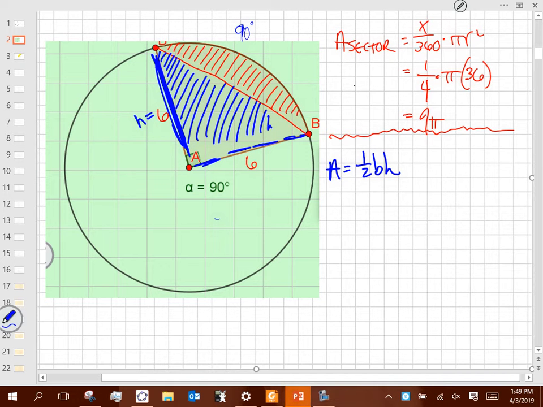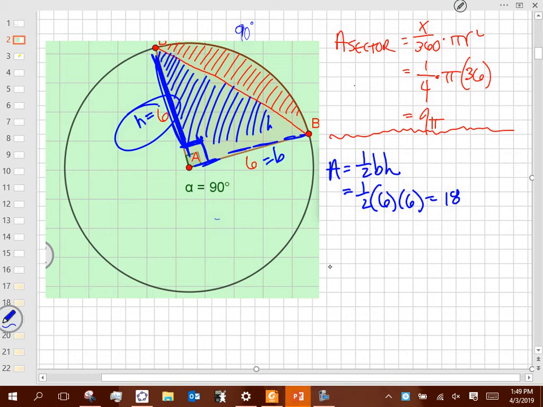We've talked about how in a right triangle, the legs are both altitudes. So if we choose one of those to be an altitude, then the base is the segment that the altitude is perpendicular to. Isn't that altitude perpendicular to this segment here? So it makes this 6 here the base. Does that make sense, everybody? So finding that area, 1/2 times 6 times 6, well, that's 18, isn't it?